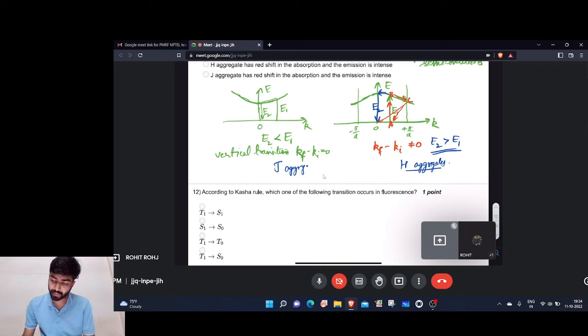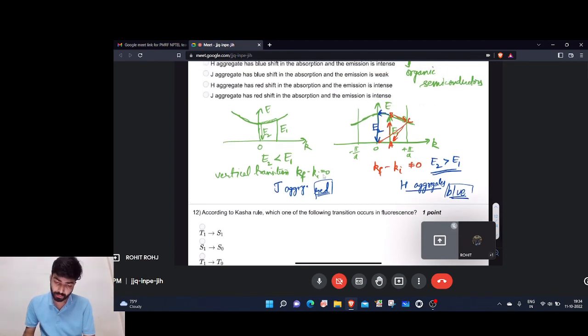In an H-type aggregate, energy shifts to the blue side of the spectrum, whereas in a J-type aggregate, energy shifts to the red side of the spectrum, but the emission is intense, and in the case of blue, emission is faint. So the correct option would be: J aggregate has red shift in the absorption, and the emission is intense.